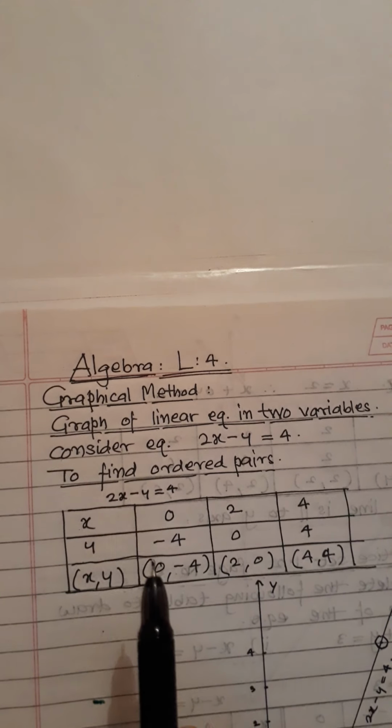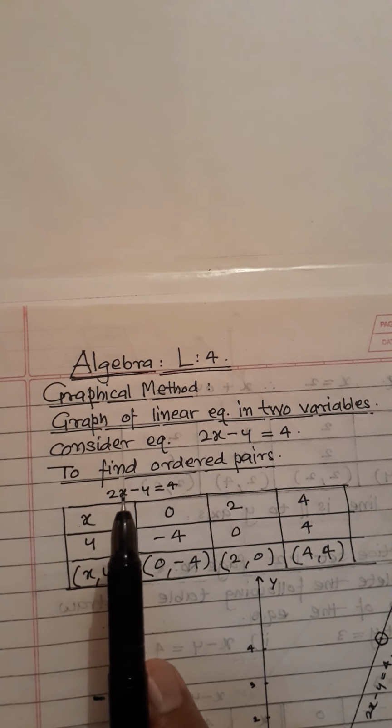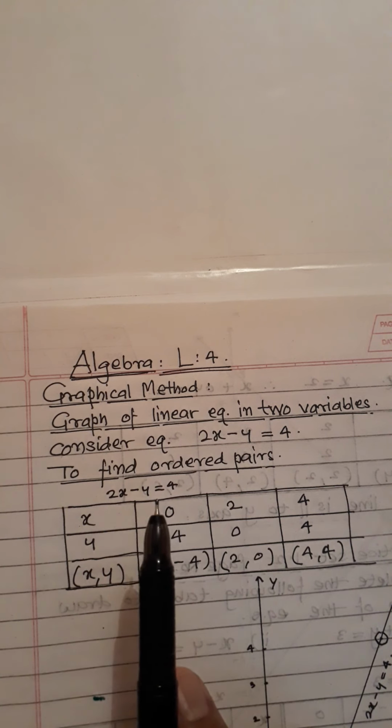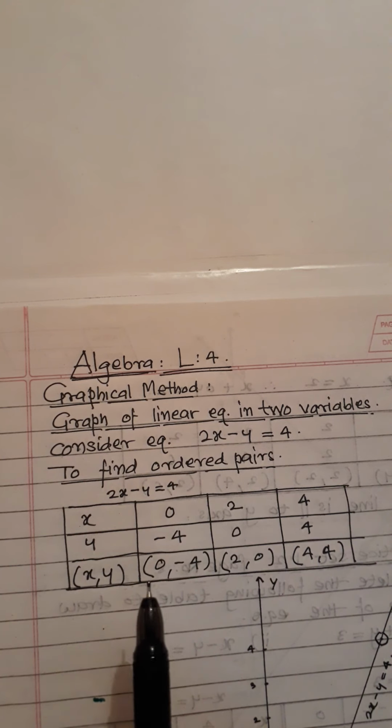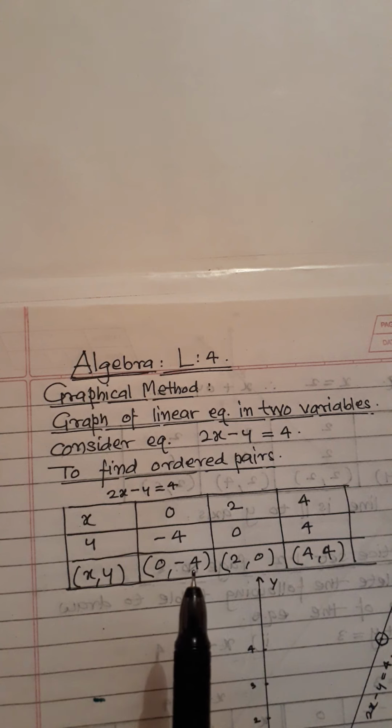Okay, now I will substitute x is equal to 0 in this equation. So this term is equal to 0, minus y is equal to 4, and therefore y is equal to minus 4. And therefore your ordered pair is (0, -4).